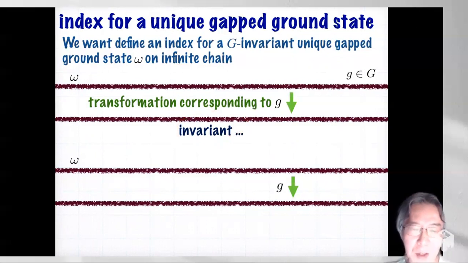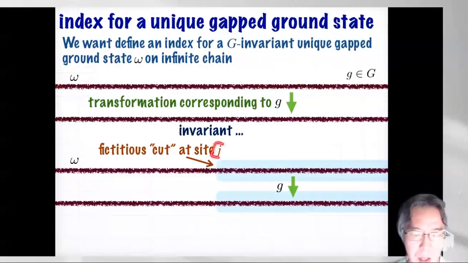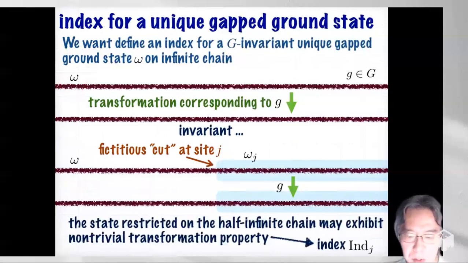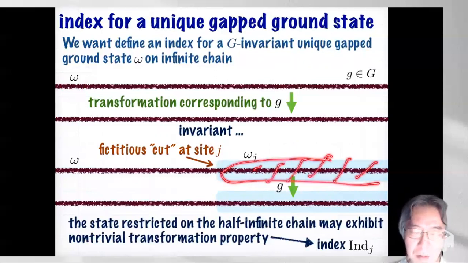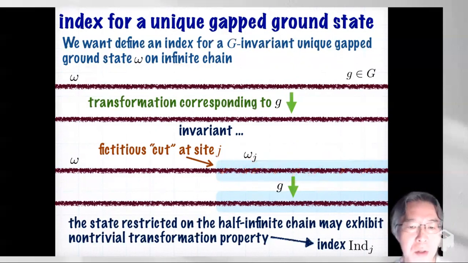We can think about picking an arbitrary site J and making a fictitious cut at site J. By concentrating on the state restricted onto this half infinite portion of the chain, we might see a non-trivial transformation property, then we might be able to define a new non-trivial index that I denote with this uppercase I and the index J, because it can depend on J since we made a fictitious cut at J. Okay, so we may be able to define such an index.